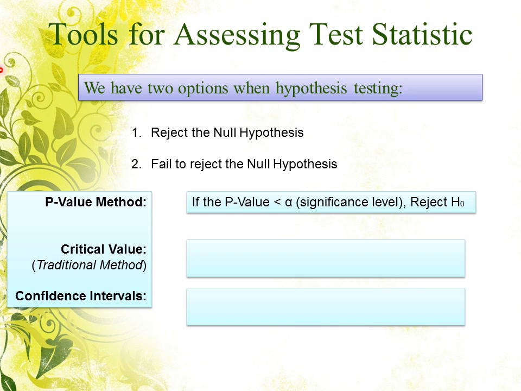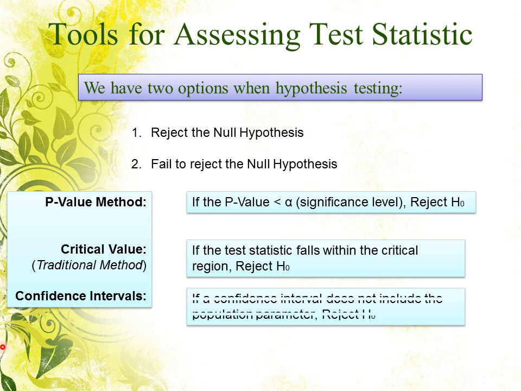The p-value method tells us that if the p-value is less than the significance level of the problem, we're going to reject the null hypothesis. Otherwise, we would fail to reject the null hypothesis. With the critical value method, if the test statistic falls within the critical region, we're going to reject the null hypothesis. And otherwise, we're going to fail to reject the null hypothesis.